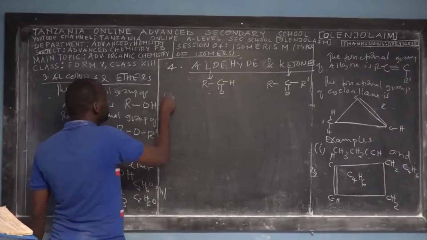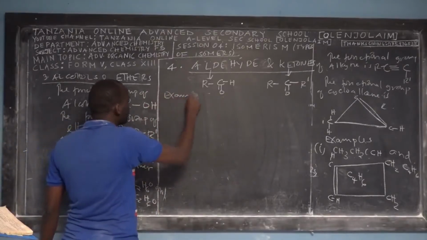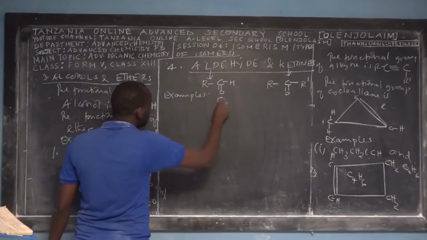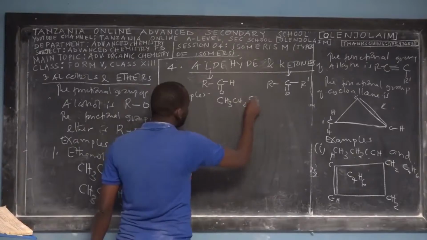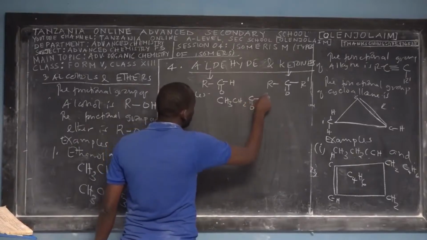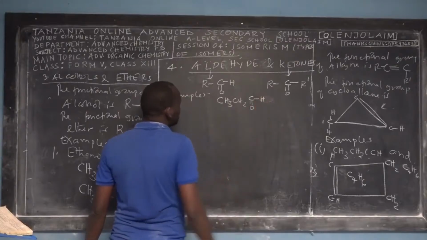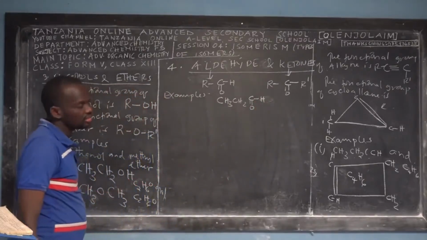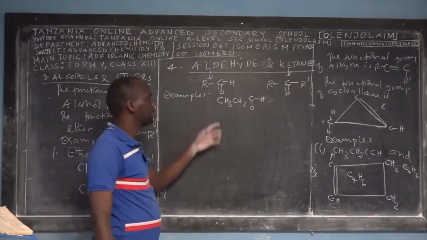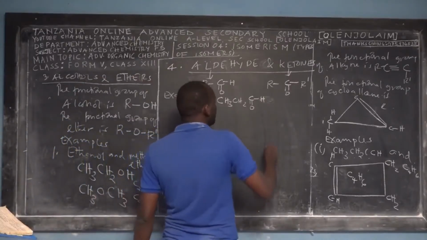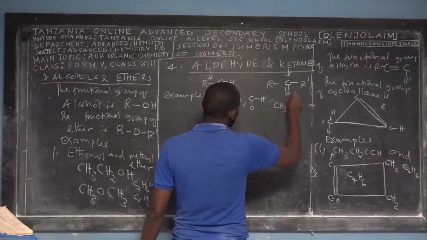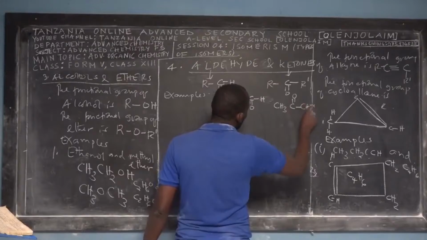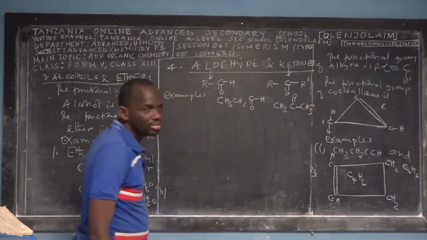So for example, CH3CH2CHO is an aldehyde. Then the corresponding ketone is CH3COCH3, this also is a ketone.